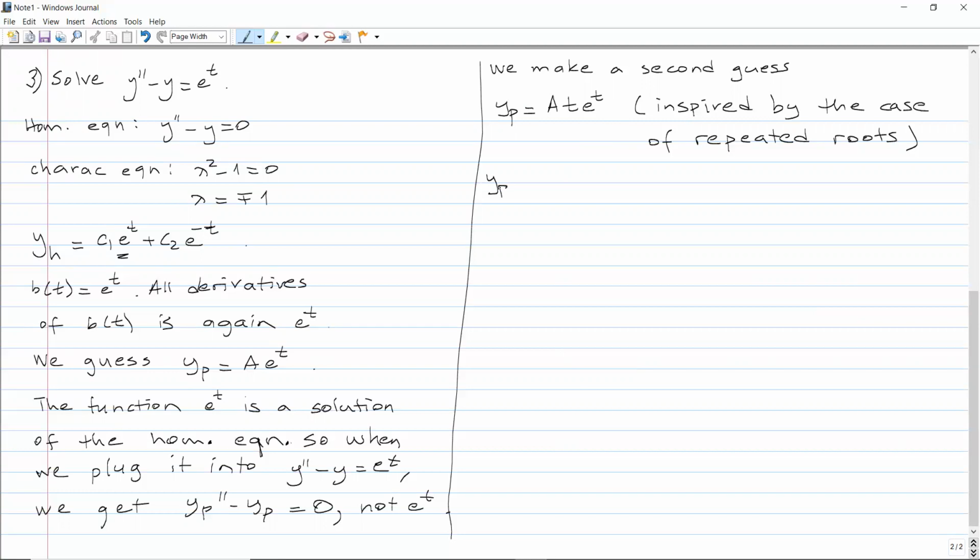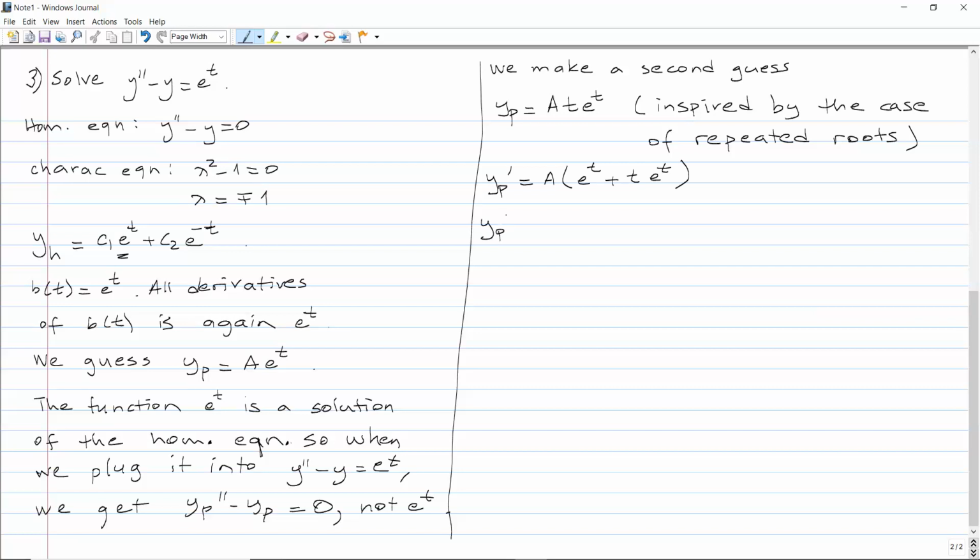In this case, what is going to be the first derivative? Now, a is constant. We have the product t times e to the t. So to find the derivative, we need to use the product rule. Derivative of t is 1 times e to the t plus t times derivative of e to the t, which is, again, e to the t.